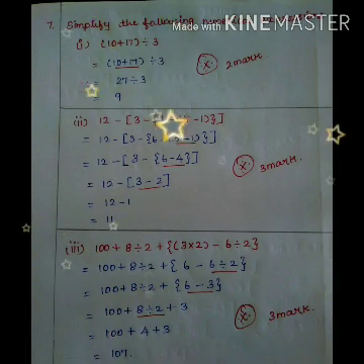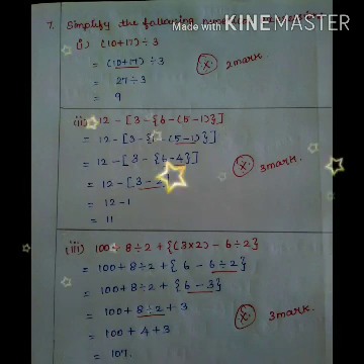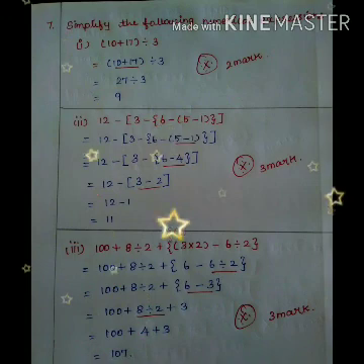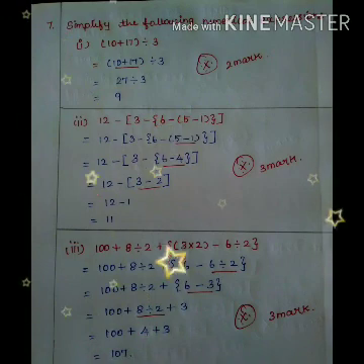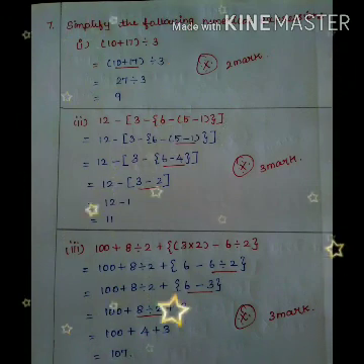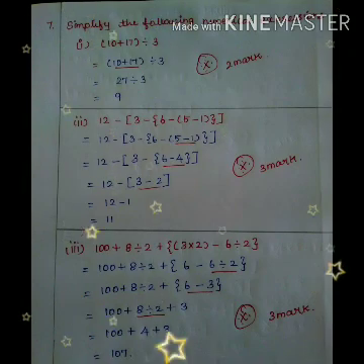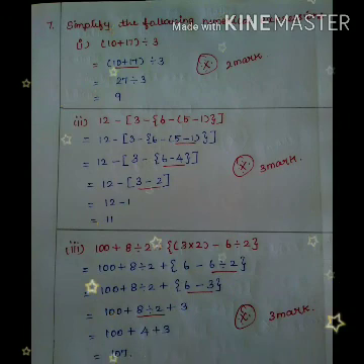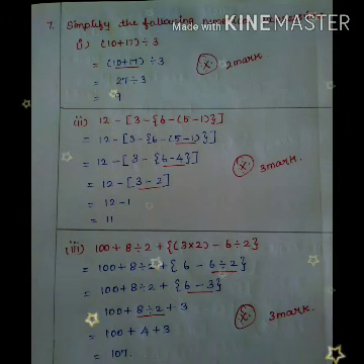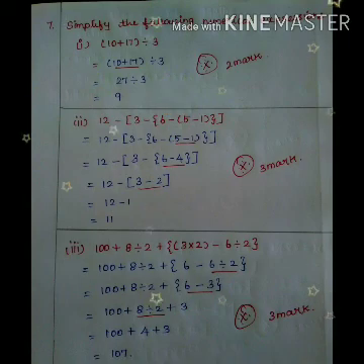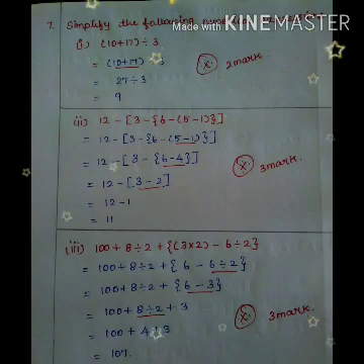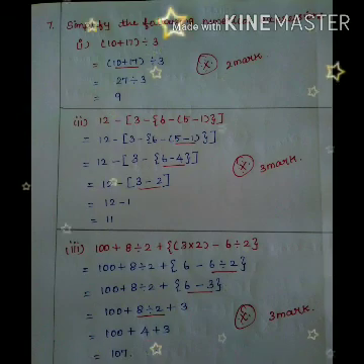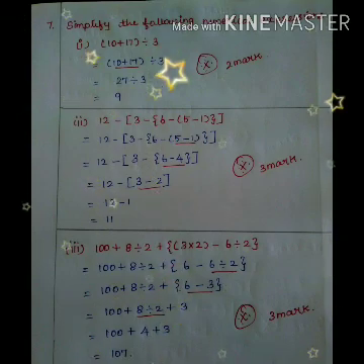Now next step, 100 plus 8 divided by 2 plus bracket 6 minus 6 divided by 2. 6 divided by 2 is 3, since 3 twos are 6. Next step, 6 minus 3 is 3. Next, 8 divided by 2 is 4.